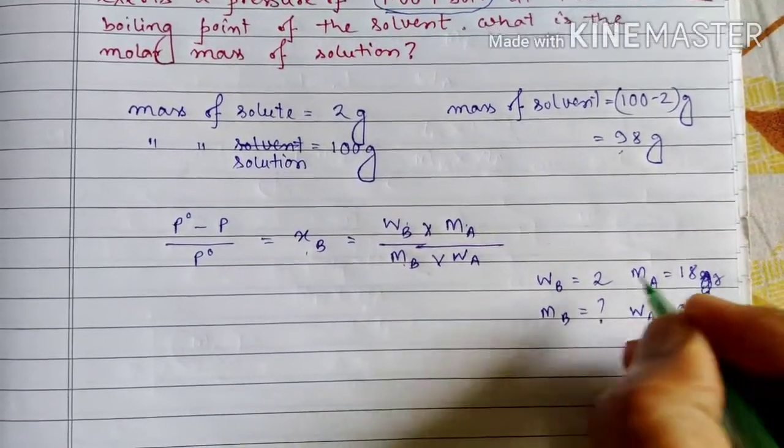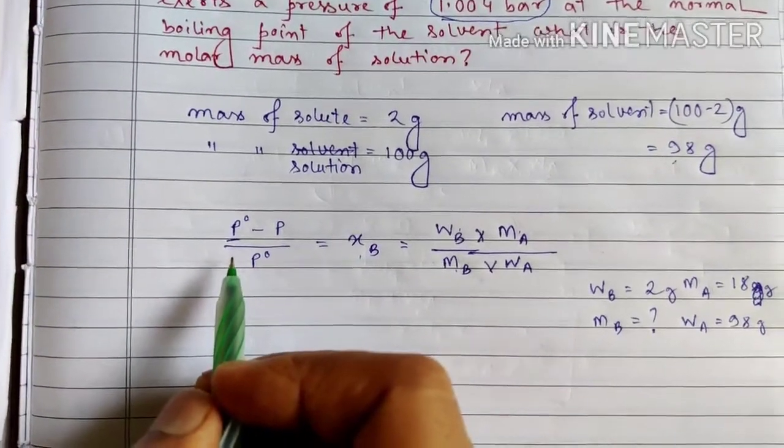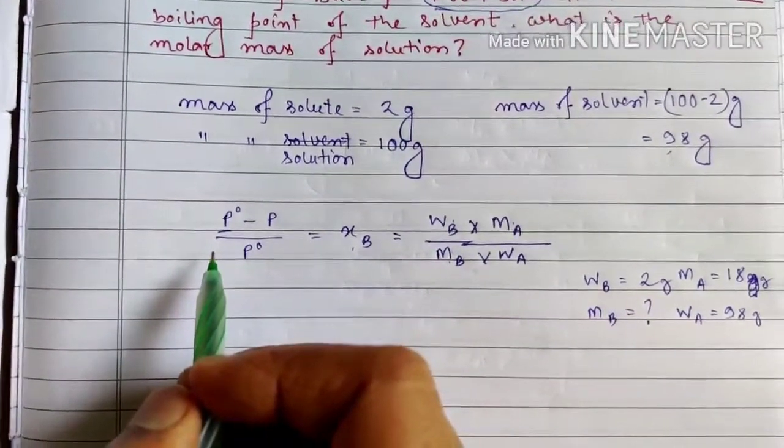Now P0 means the vapor pressure of pure water at boiling point.